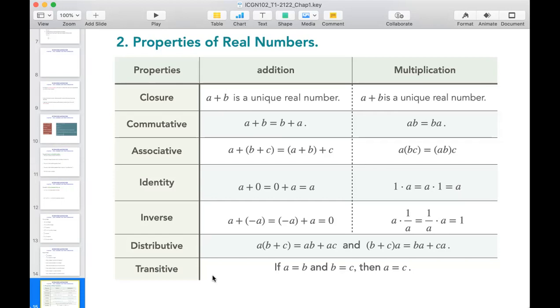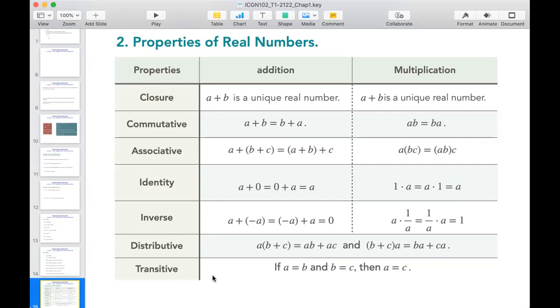When you add two real numbers together, a plus b, the answer is a unique real number. Same as multiplication, a times b is a unique real number as well.